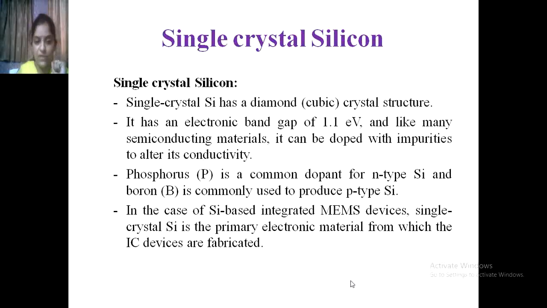Phosphorus is a common dopant for N-type silicon, and boron is commonly used to produce P-type silicon.